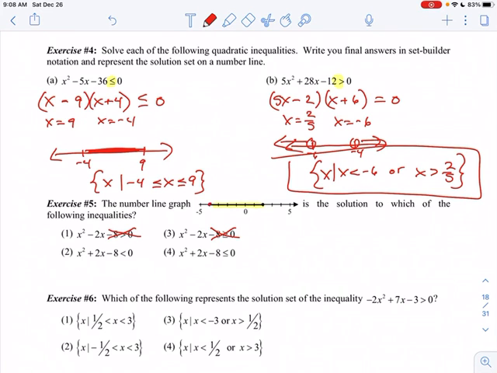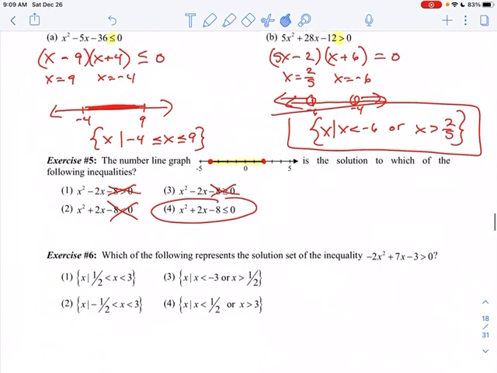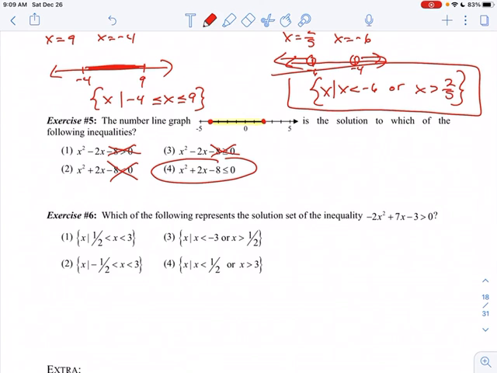Next thing to look at, I'm including those. Those were closed circles, so that means I need the equal sign. Choice 2 doesn't have the equal sign, so therefore it is choice 4. And just to verify, you can put that into your graphing calculator, or you can factor it to see what those factors are, whichever is easier.